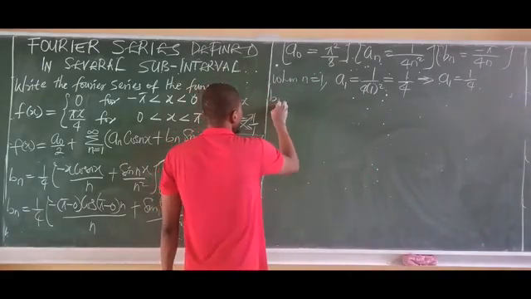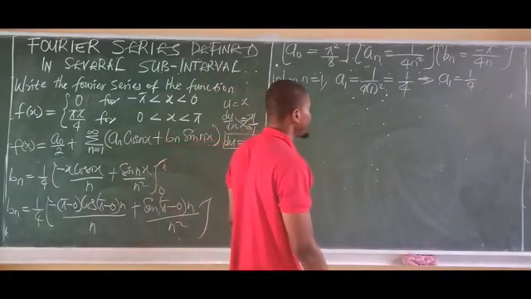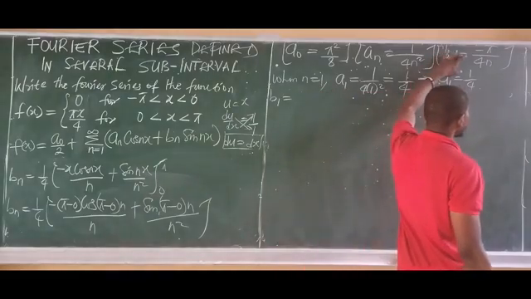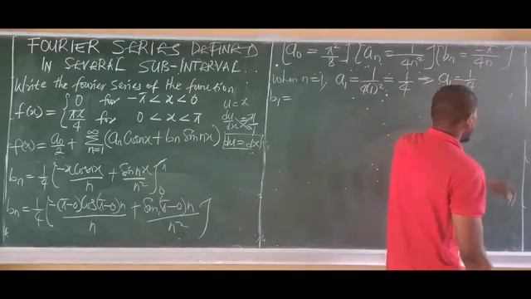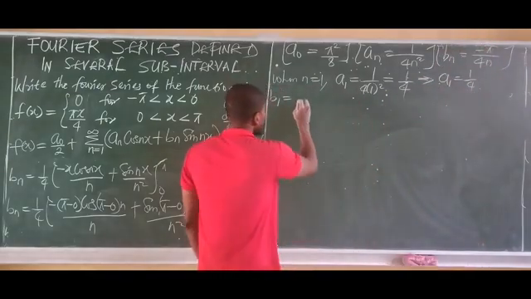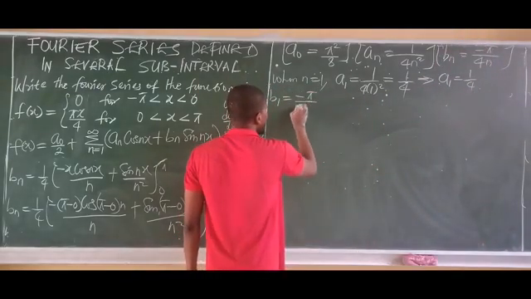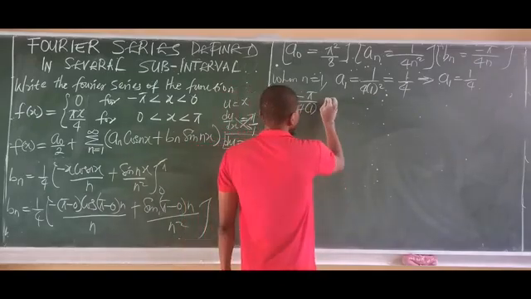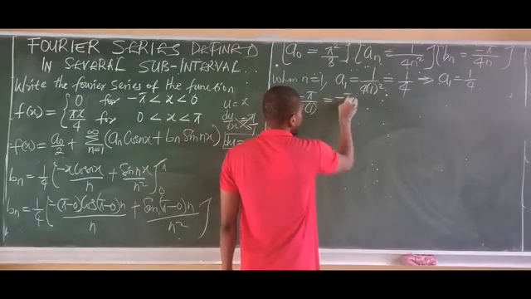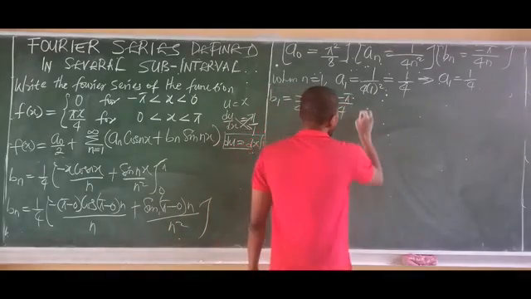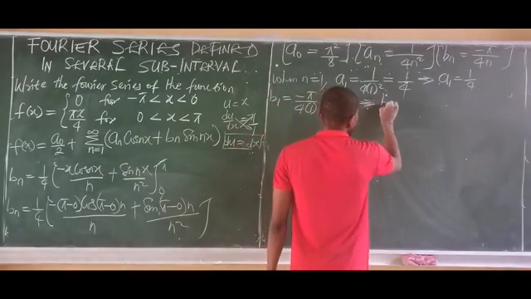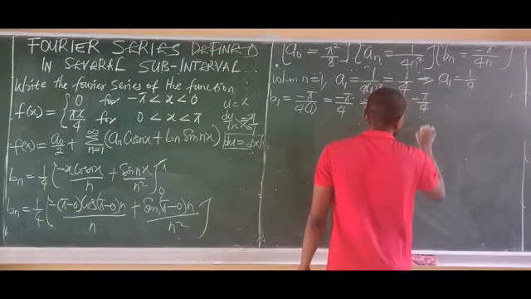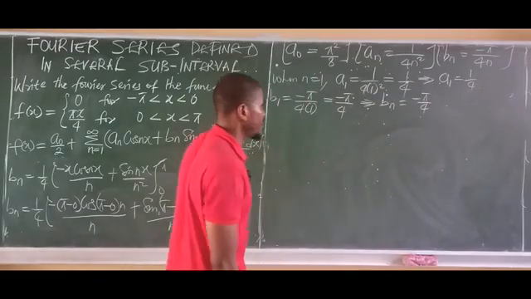Therefore, b1 will now be equal to, wherever you see n, putting the value as 1. So in place of bn, we'll have b1. This is equal to minus pi over 4n. N now is 1, so it becomes over 4 times 1. And this is simply minus pi all over 4. So this simply implies that b1 is actually minus pi divided by 4. That's for b1.